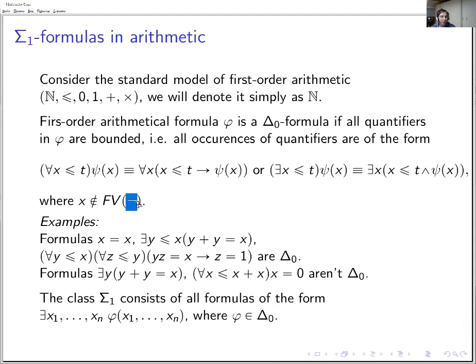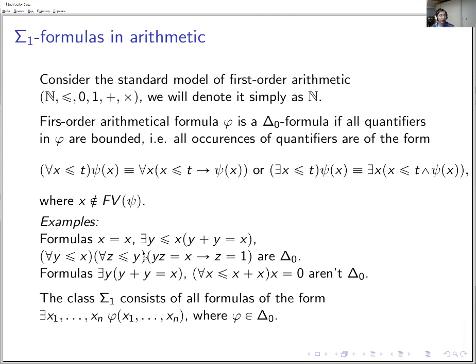Here's a typo. This should not be psi, but rather it should be t. Of course we don't want bounding terms that also depend on the variable; otherwise it would not be meaningful bounding. Okay. So, some examples of delta 0 formulas.